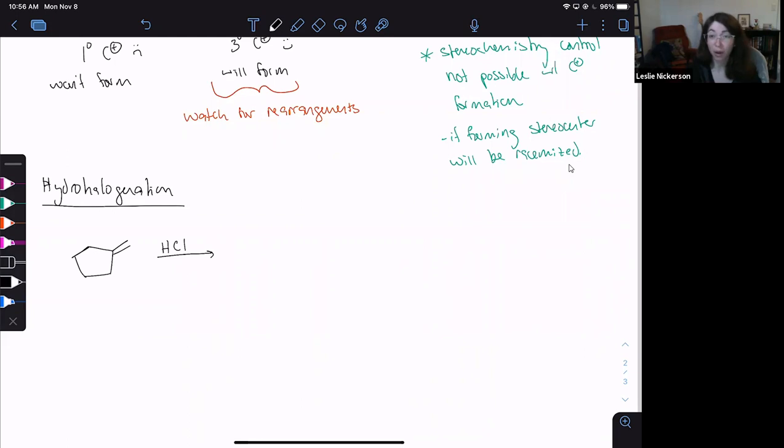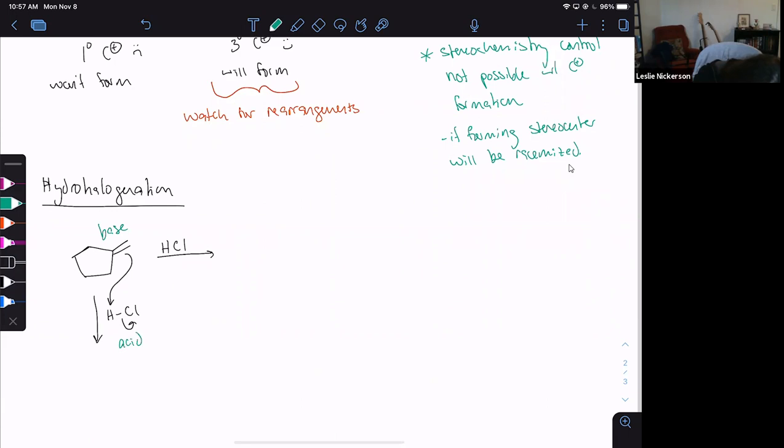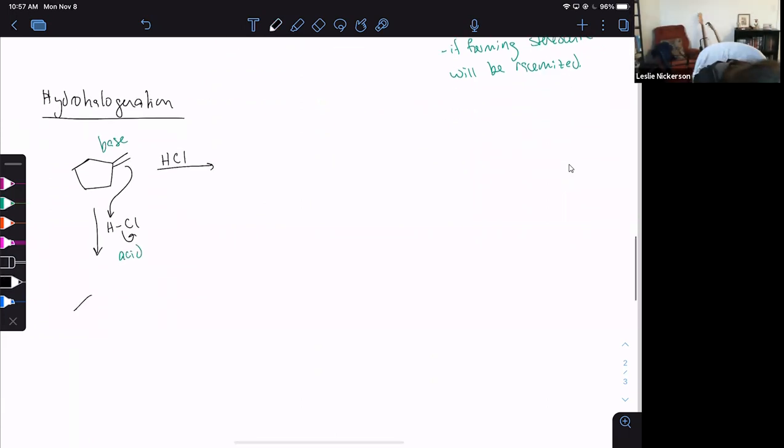Hopefully this is reminiscent of what we've already talked about. So I've got a strong acid. I've got my alkene, which we've already seen act as a base. So my first step is going to be protonating that alkene. So this is my base. This is my acid. Again, I have to make that choice of which side my H is going to go on.